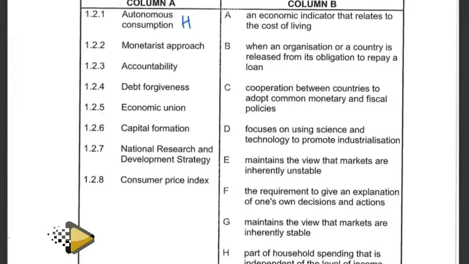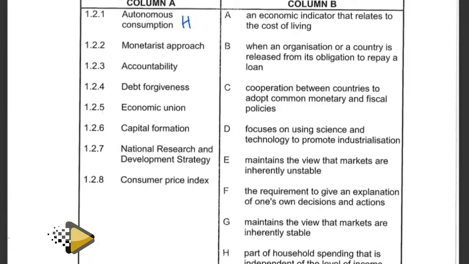Why are they saying that? They believe that the market forces of demand and supply can stabilize the flow of goods and services. So these guys under monetarist believe that the markets can be stable without the government intervention.